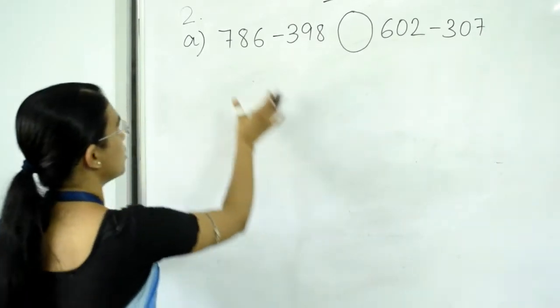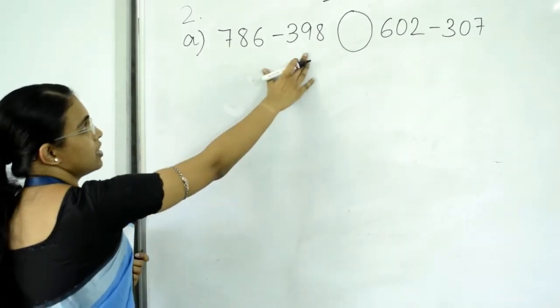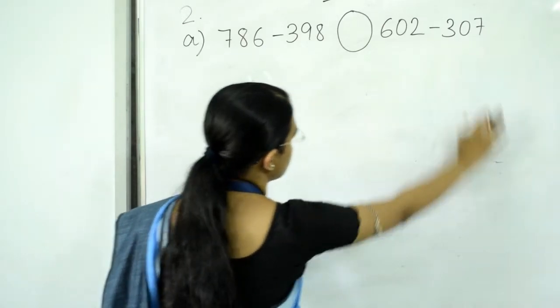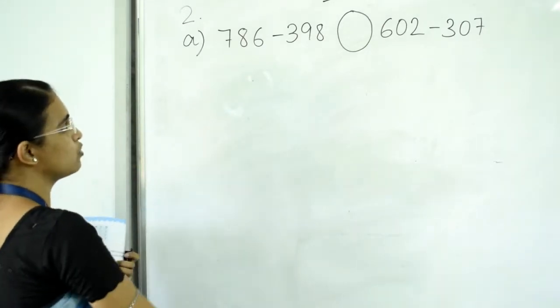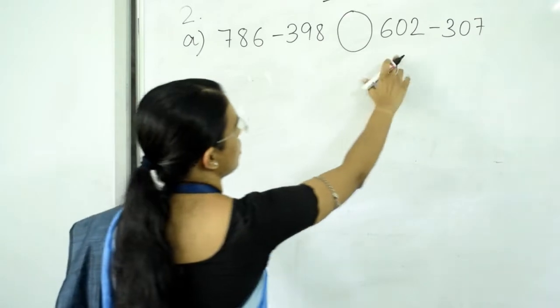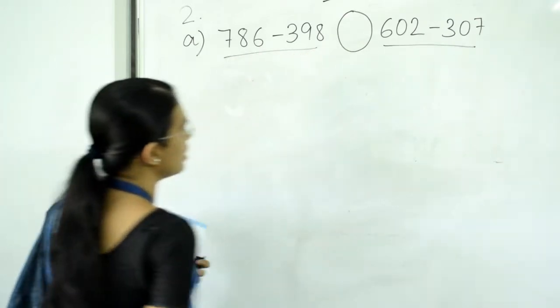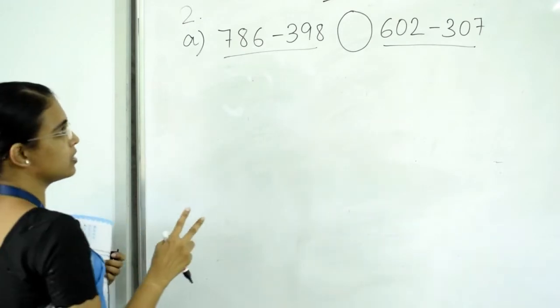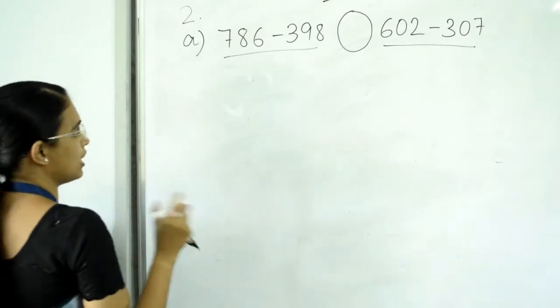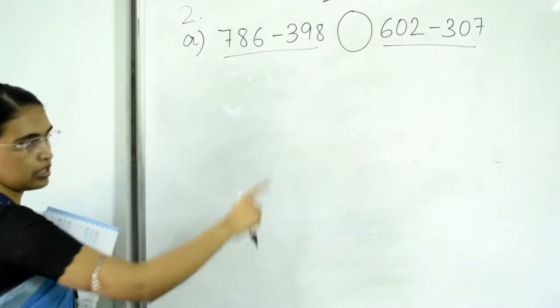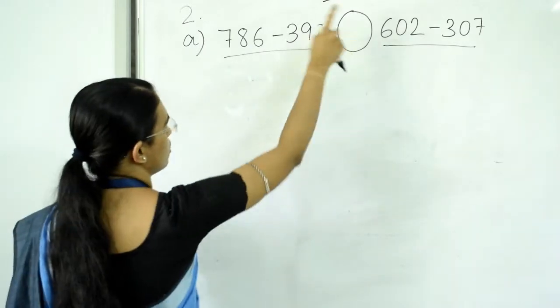So here we have 786 minus 398 and on this side we have 602 minus 307. So what we have to do? We have to subtract these two numbers, this one and this one. Then we have to compare the totals we got from this and this, and put the sign.